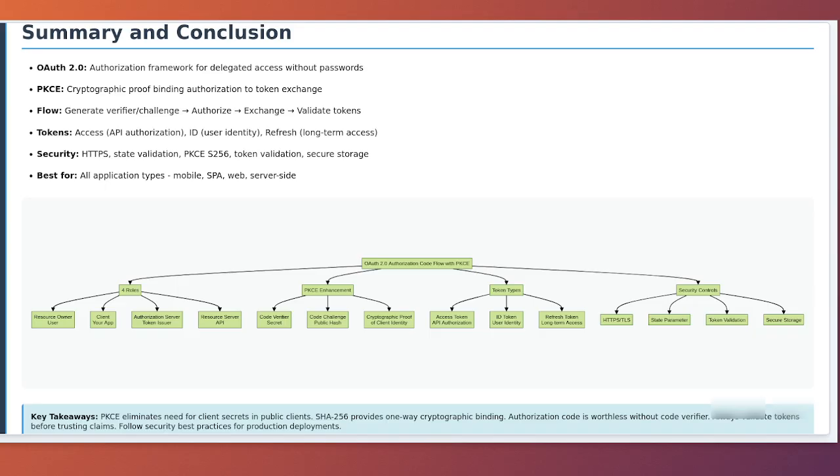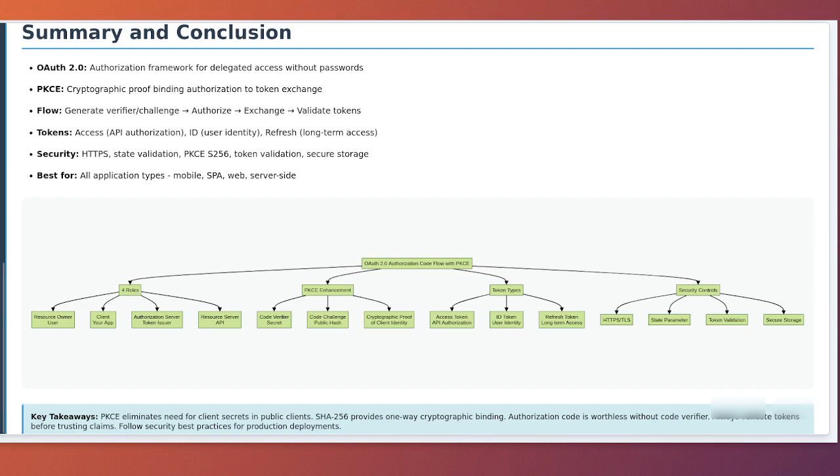The complete flow involves 8 main steps: generate code verifier and challenge, redirect user to authorization endpoint with all required parameters including code challenge, user authenticates and grants consent at the authorization server, authorization server returns authorization code via redirect, client validates state parameter for CSRF protection.